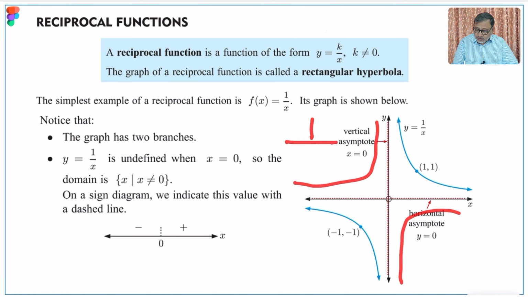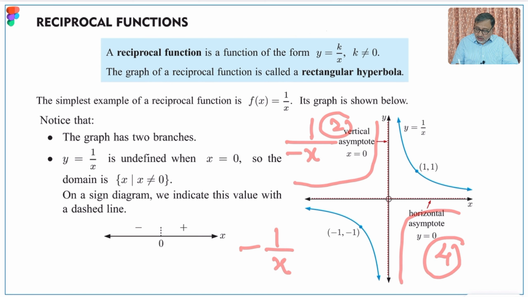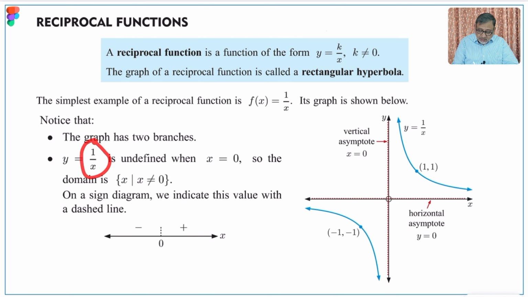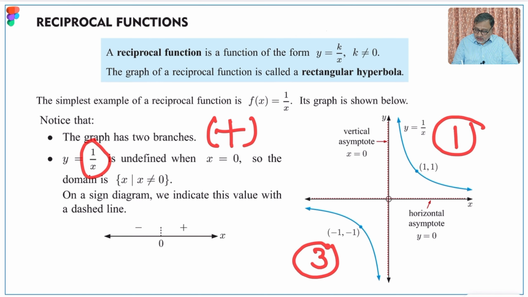Whenever it is 1 upon minus x or minus 1 upon x, then the graph will be in the second quadrant and the fourth quadrant. But here in this case 1 upon x is positive, so whenever positive, the graph will be in the first and the third quadrant. So I hope you will remember it.